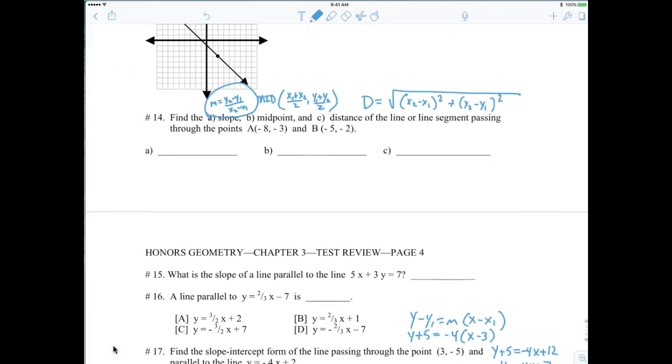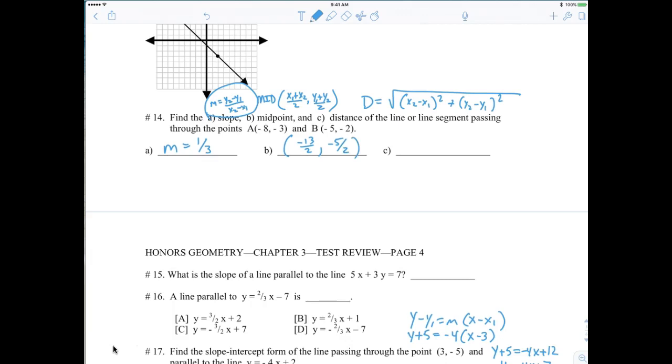Did anybody tell me what the slope was? Did anybody do that yet? 1/3. And then the midpoint was negative 6.5, negative 2.5. Good.